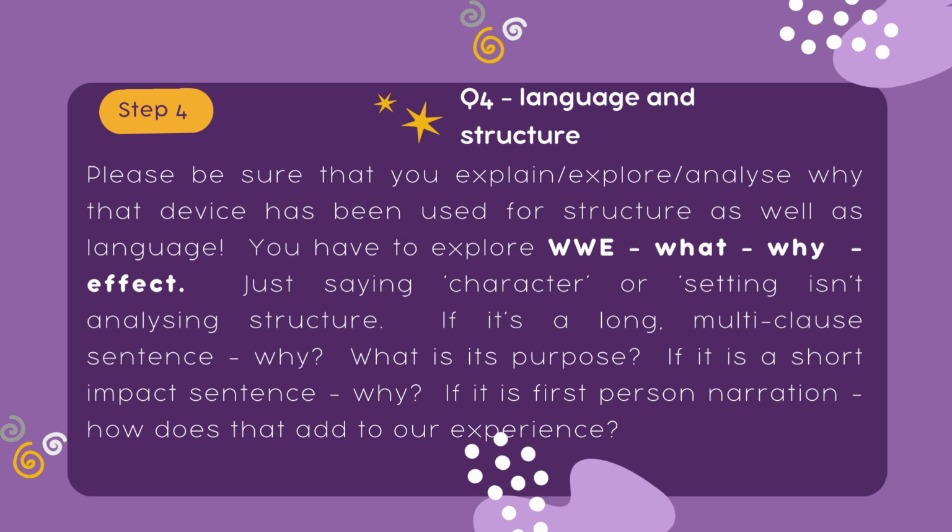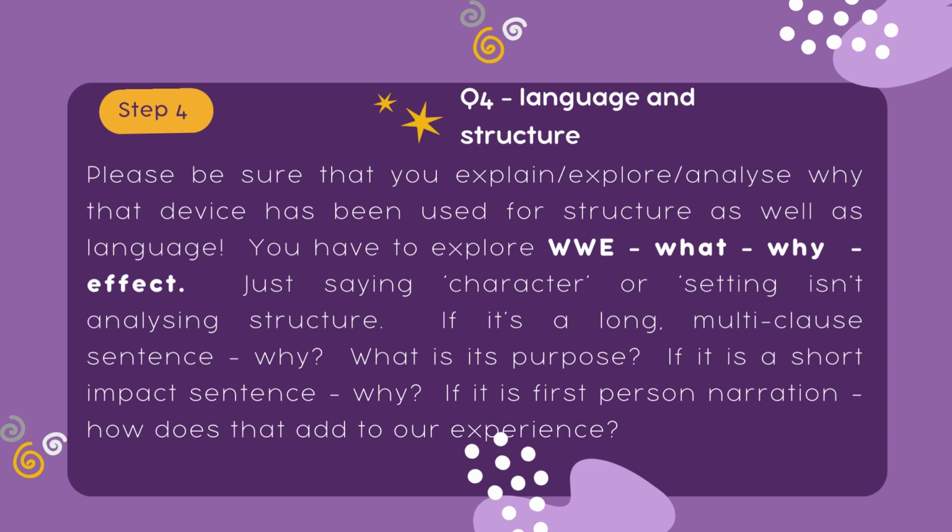So just picking character or setting at the beginning and saying nothing more about structure isn't going to get you those marks. For example, if you're talking about character, then you need to say what the writer's doing at that particular moment in terms of shaping the story. If you're going to talk about a long multi-clause sentence, you need to say why that's been used. You need to say the effect it's deliberately having at that moment in the story.